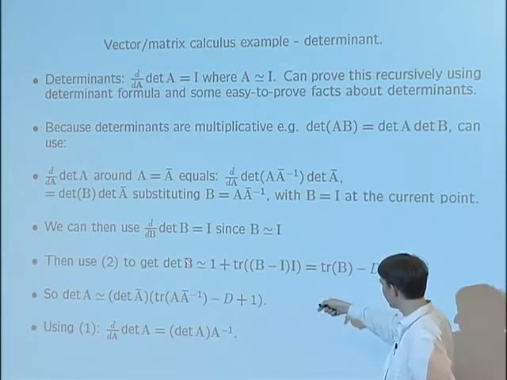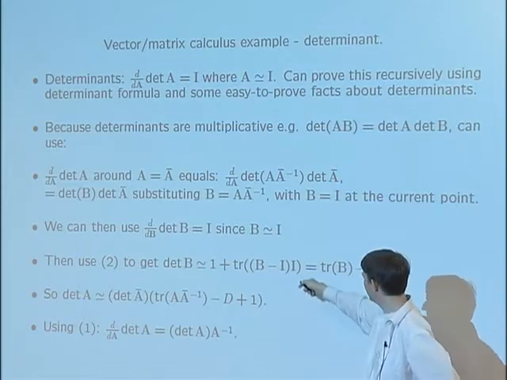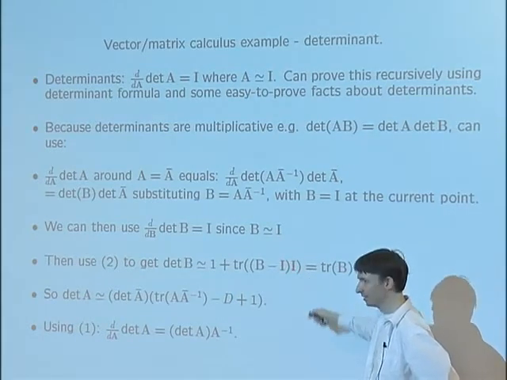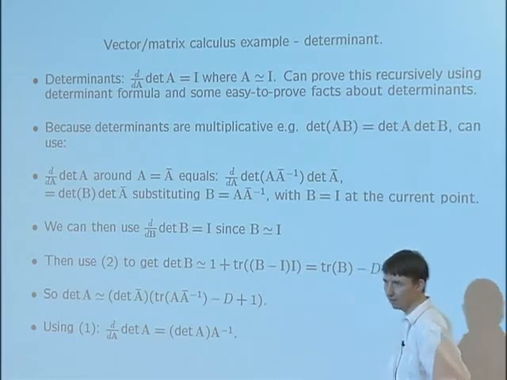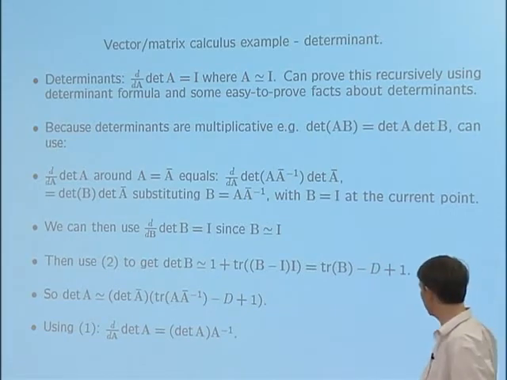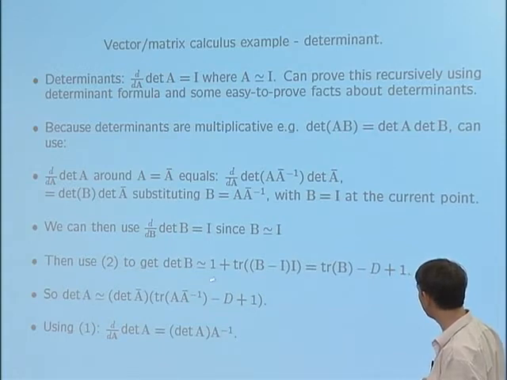I think the way we get from here to here is to use the fact that the trace of I times I is the dimension. Obviously, because we're just adding ones. We're adding d ones on the diagonal. So let me see.